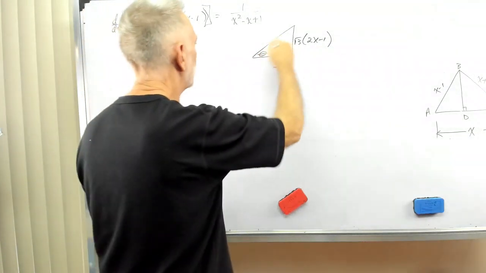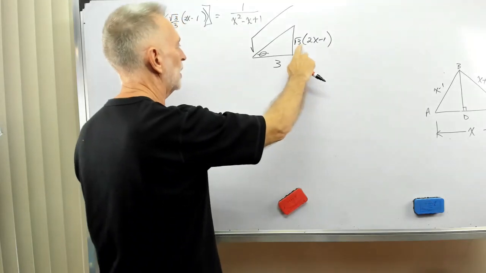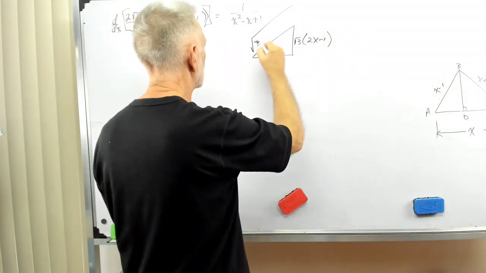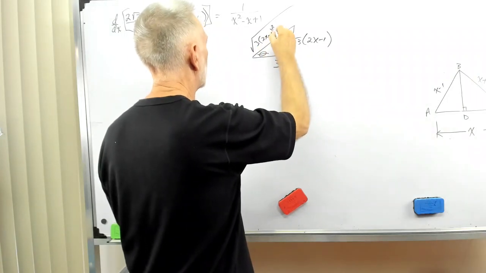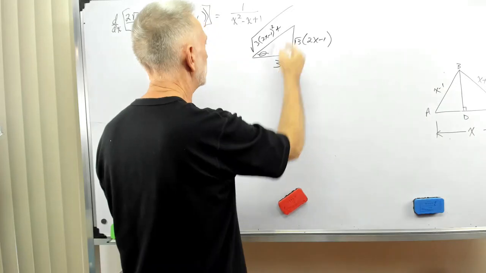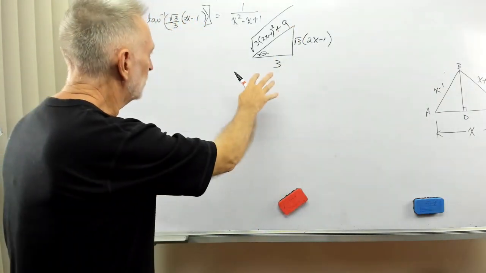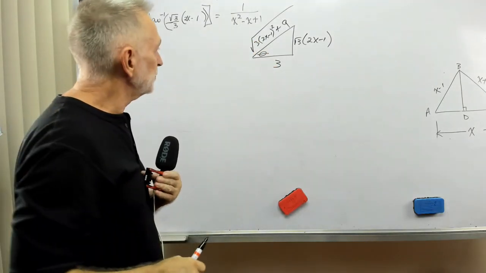Now what does that mean for my hypotenuse? If I take this and square it, the square root of 3 squared is 3, so I'll put 3 times 2x minus 1 squared plus 3 squared, which is 9. That's the triangle and the angle that's represented by this.